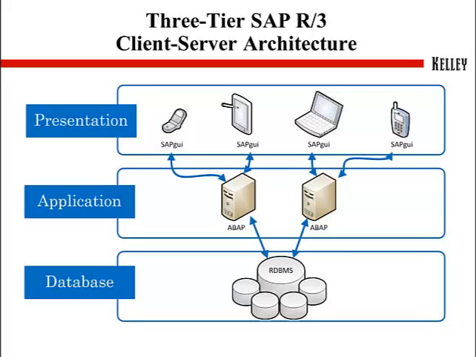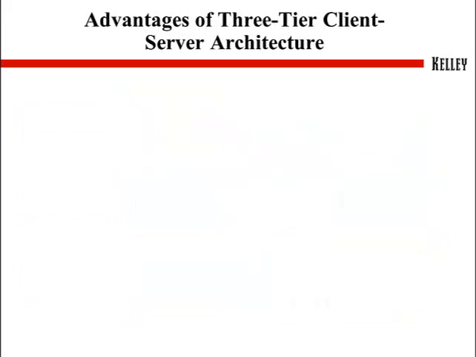GUI stands for Graphical User Interface. The application tier contains all the programs that would have all of the logic and calculations in them, and they are written in a proprietary software language called ABAP. And then the database tier would contain the relational database management system and all of the database files.